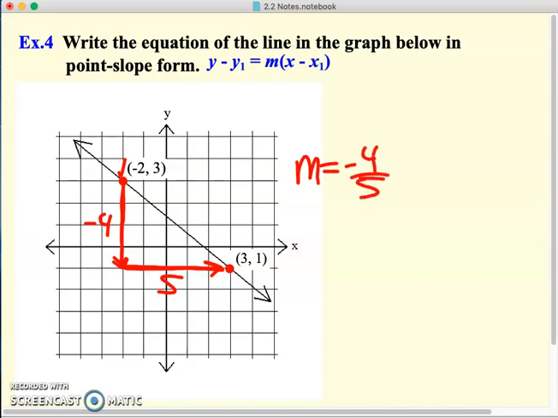Now again, there are two versions of this depending on which point I use. So I'll write both of them. Let's say I use -2, 3, or the same slope and using 3, -1, excuse me.